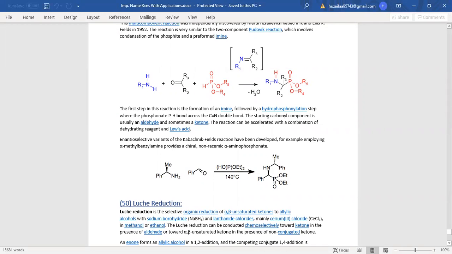The starting carbonyl component is usually an aldehyde and sometimes a ketone. The reaction can be accelerated with the combination of a dehydrating reagent and a Lewis acid. Enantioselective variants of the Kabachnik-Fields reaction have been developed, for example, employing alpha-methylbenzylamine provides a chiral non-racemic alpha-aminophosphonate.